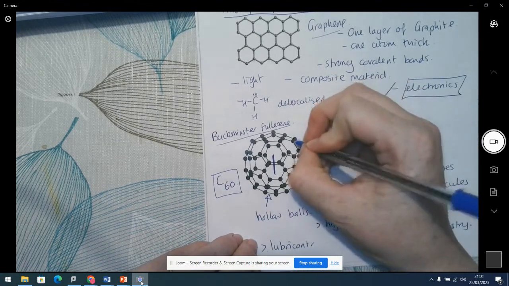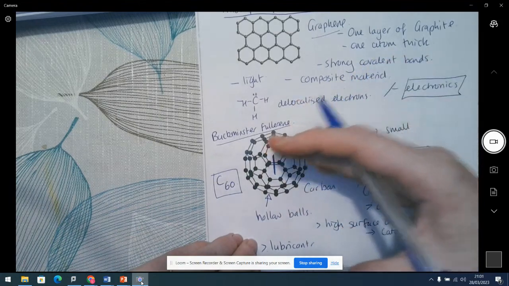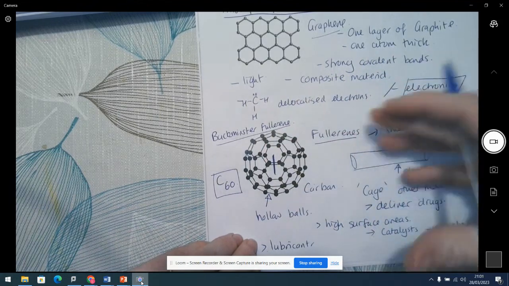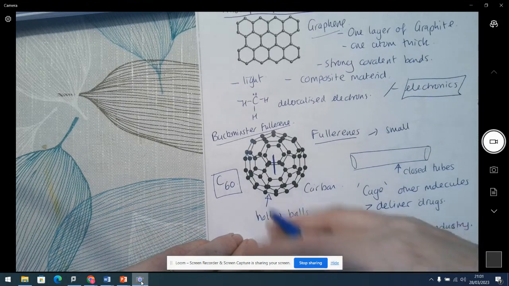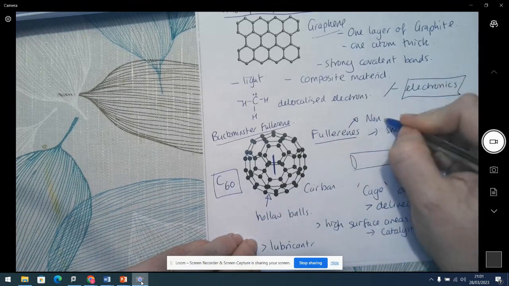And you also need to be aware that we have these carbon atoms arranged in hexagons, pentagons, heptagons, and sometimes you get a maths question around that. So just be aware that hexagon, pentagon, heptagon, what does that actually mean in terms of numbers? Okay. These are also examples of what we call nanotubes.